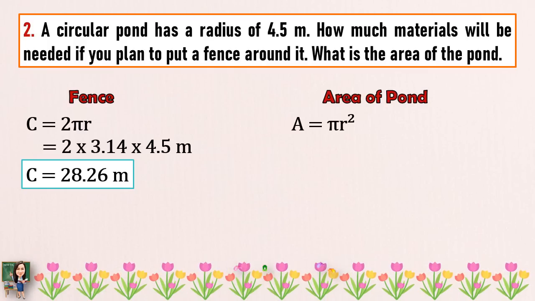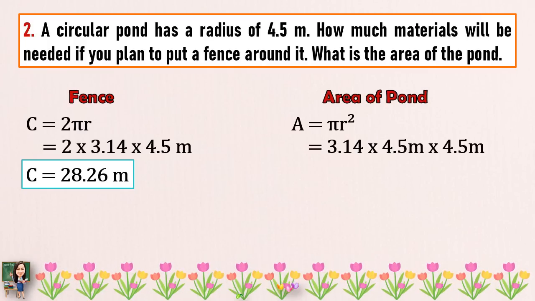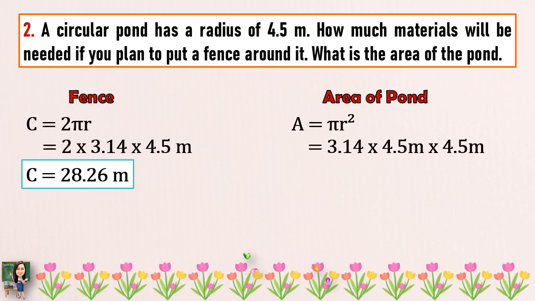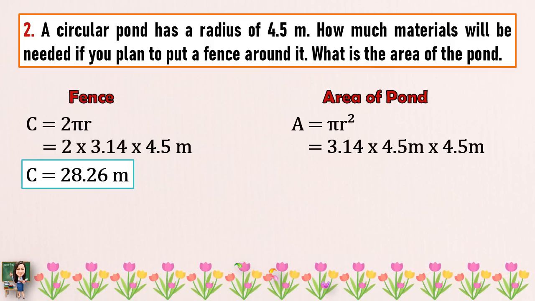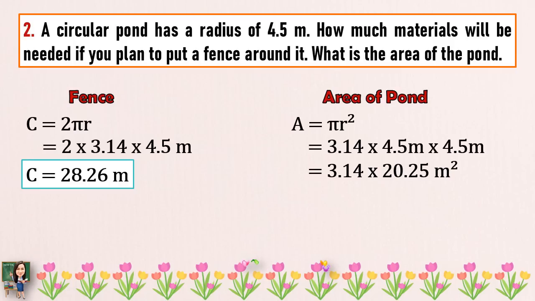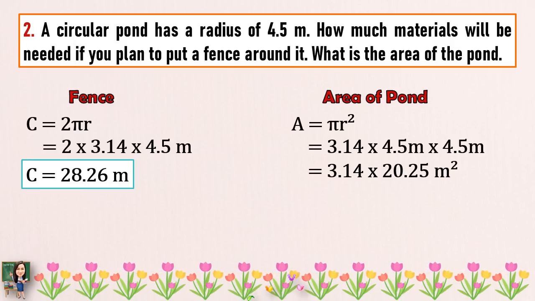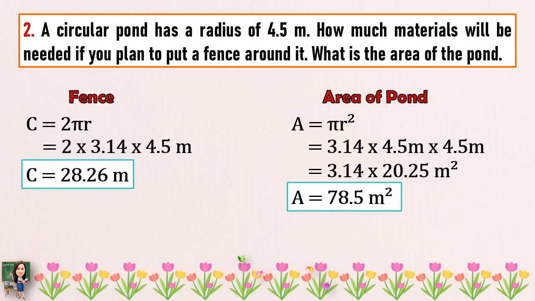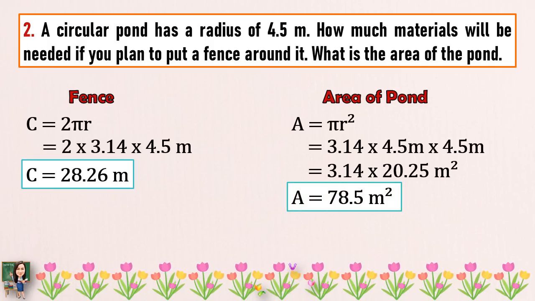A equals pi r square, or 3.14 times the radius, 4.5 meters times 4.5 meters. 4.5 times 4.5 equals 20.25 square meters. Multiply by 3.14, the area is 63.585 square meters.